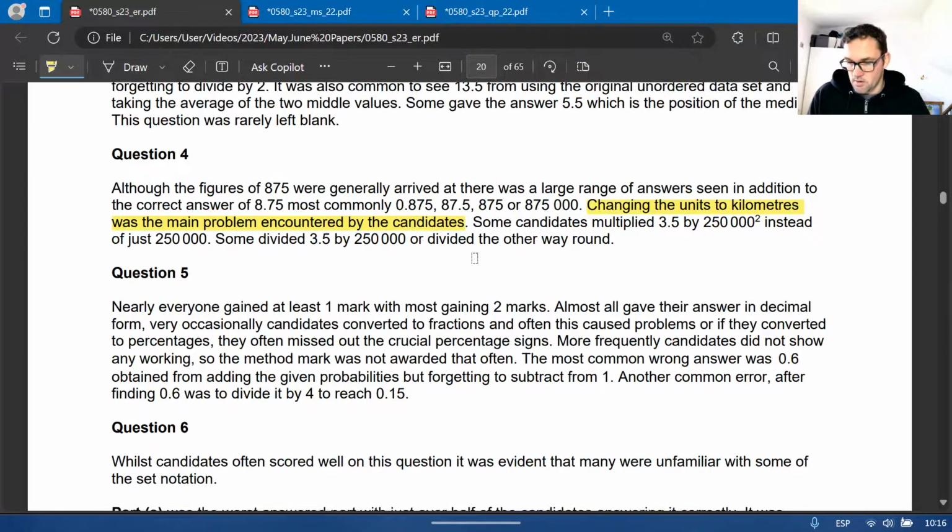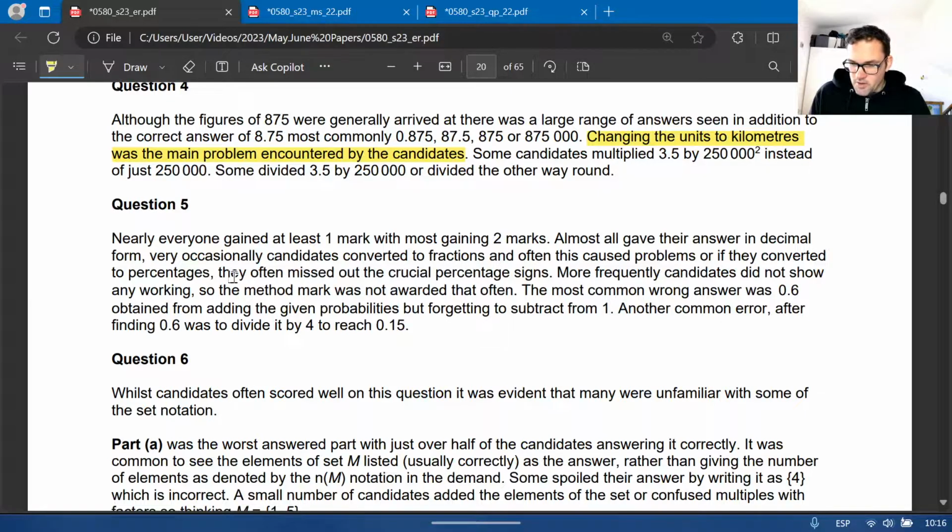That is important. If you did put it in percentages, put the percentage sign or you lose a mark.